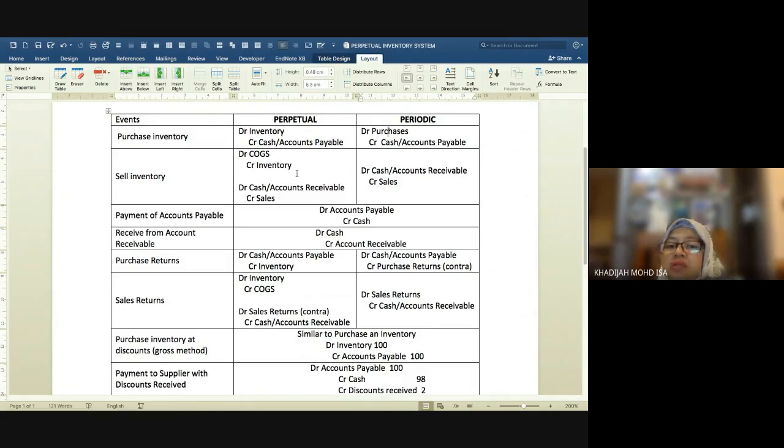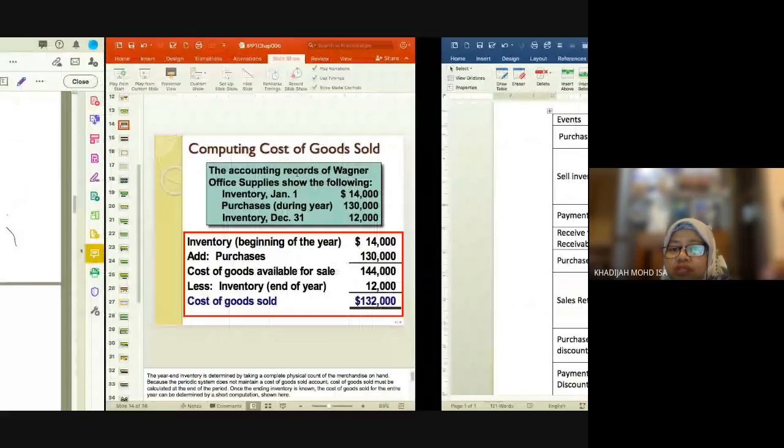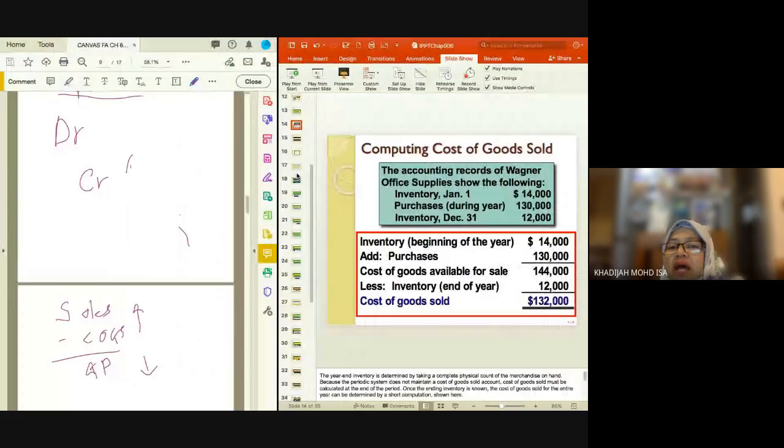So how do you decide on the COGS? Under periodic, you have to use this formula. You're given the inventory, purchases, and closing inventory. There are two types of inventory: the opening balance and the closing balance. You see how much inventory you have at the beginning of the year, and then you add your purchases, and that will be the goods available for sale.